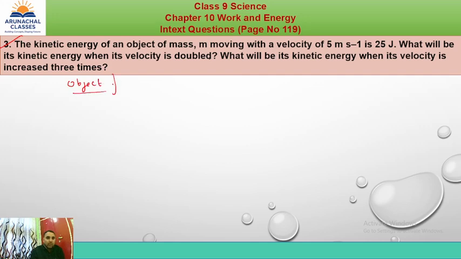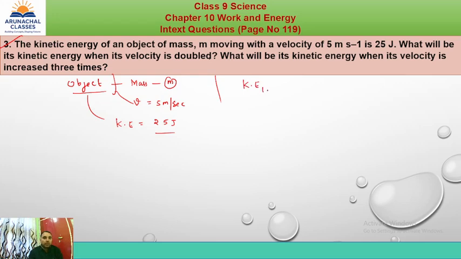This object has mass m. It is moving with a velocity of 5 meter per second, and the object's kinetic energy is given as 25 joule. Then further the question is, what will be the kinetic energy?